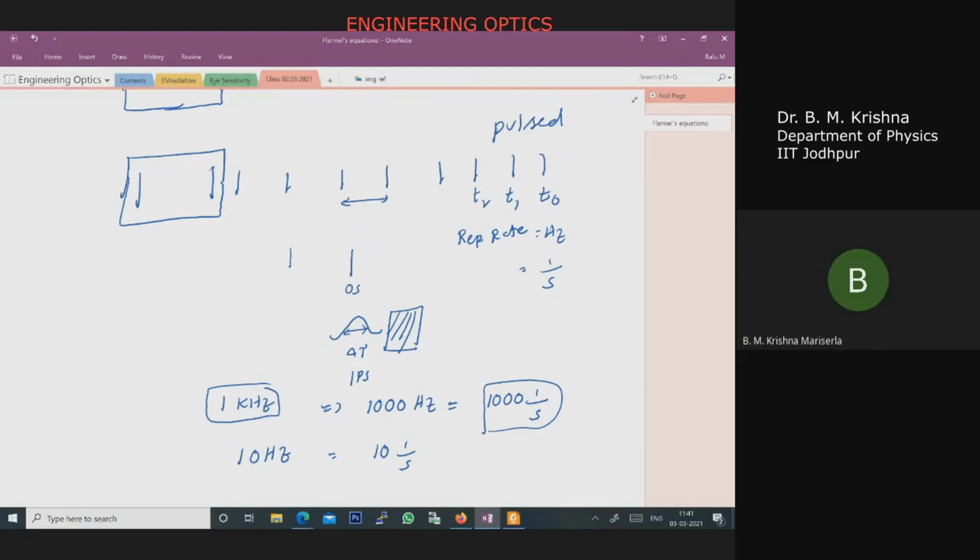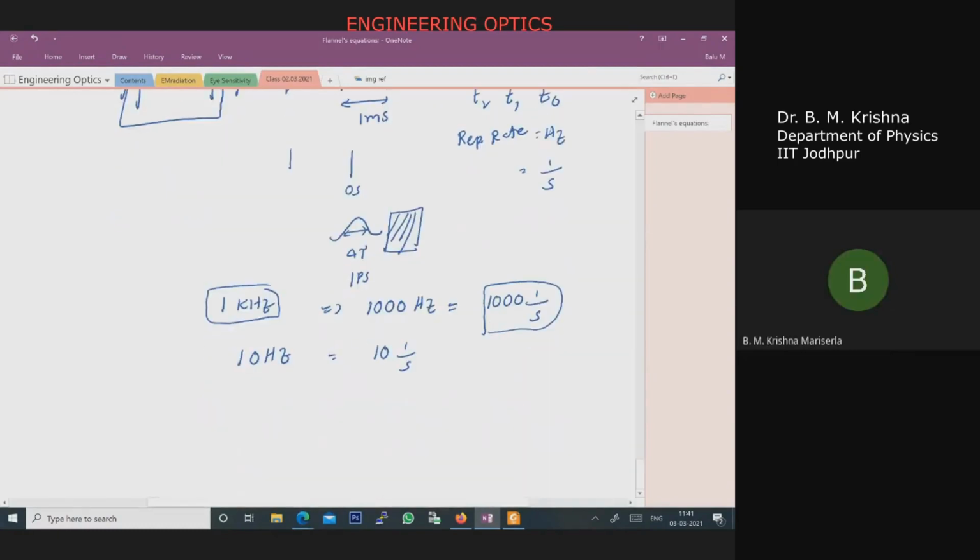In 1 second it is giving 1000 pulses, so the gap between each pulse is 1/1000 of a second. That means 1 millisecond. So the laser is producing a pulse every 1 millisecond. That is the meaning of the repetition rate and how the laser is producing laser pulses.